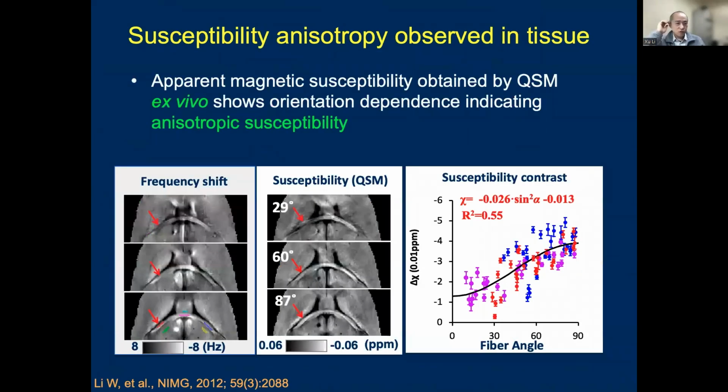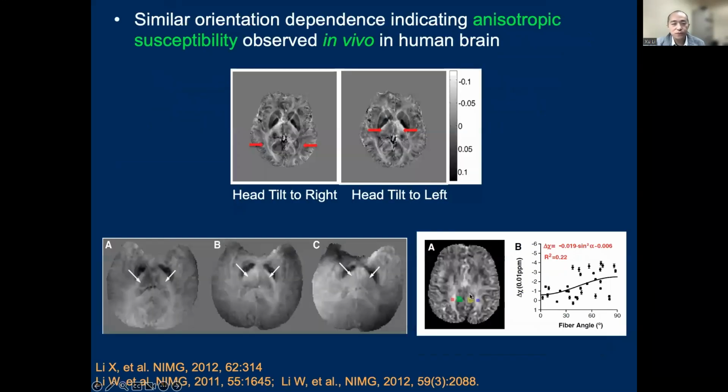So actually, such anisotropy has long been observed in brain tissue. For example, as shown in one of these early studies from Chunlei Liu's group, they've shown that in the mouse brain, if we look at the white matter, the QSM measures become more diamagnetic when it's perpendicular to the field, and more paramagnetic when it's parallel to the field.